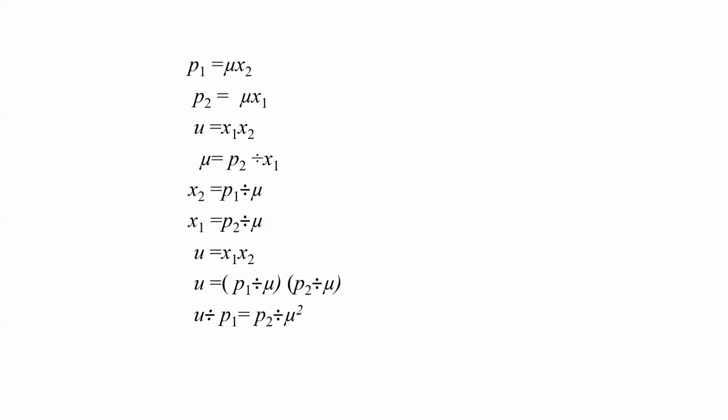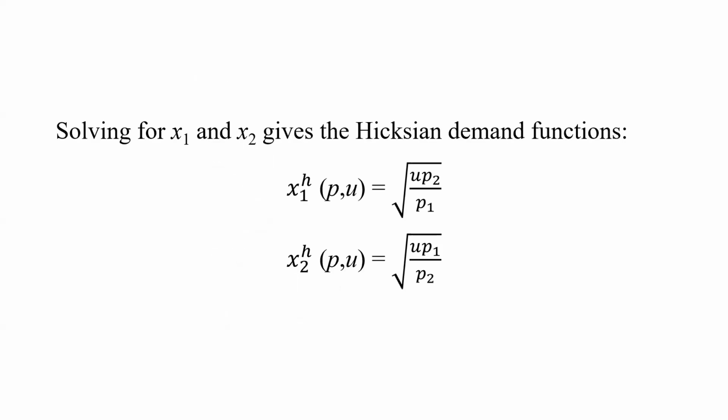After that, we substitute these values in the u equation, u = x1 x2, and with further derivation we easily get x1 h(p, u) equal to the whole root of u p2 by p1. In the same procedure, you can easily find the x2 value. So that's not a big deal. I hope you can understand this.